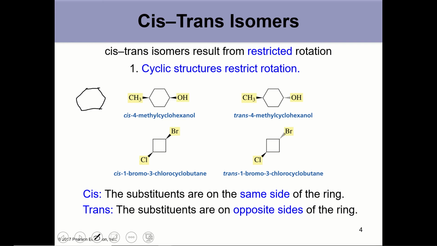And when I flip it over, the methyl group will now be on the side, and the OH group will be on this side. So we flipped it over in space. Now they're both on hatched wedges and pointing back, but it's physically the same structure.